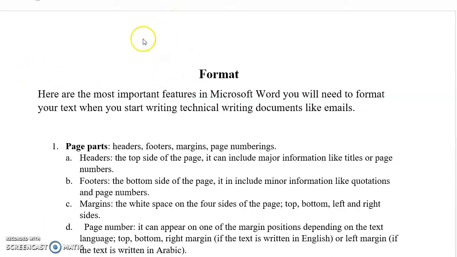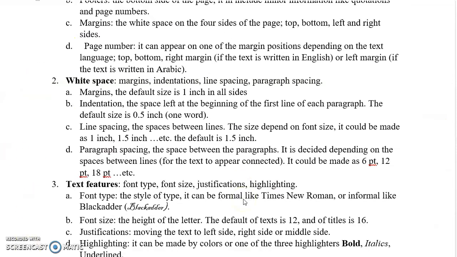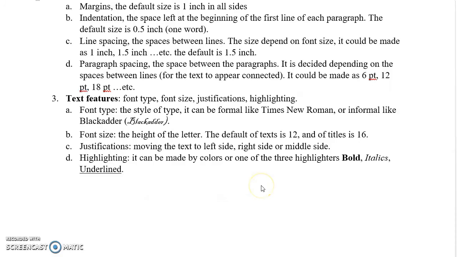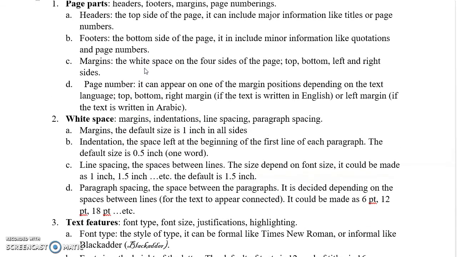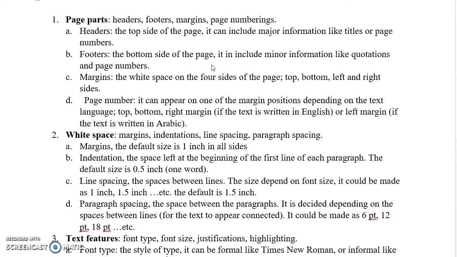All of this white space, at the top, on the right side, on the left side, and at the end of the page, is called margins. So it includes the empty space in the page. This is the meaning of margins. Later I'll tell you something regarding the standards that I have to follow.